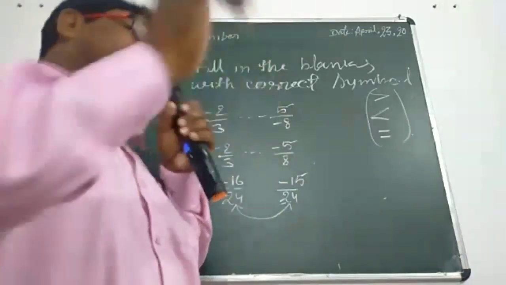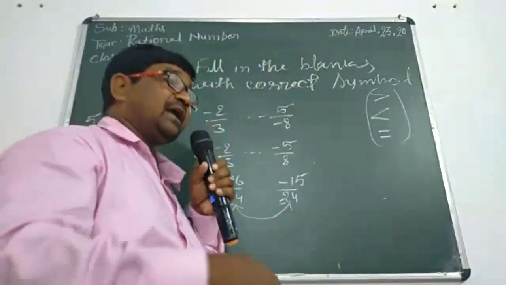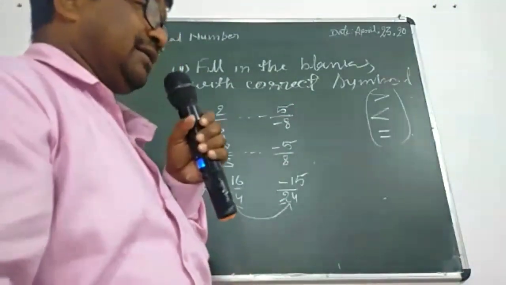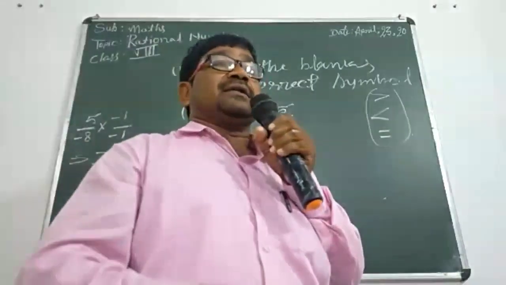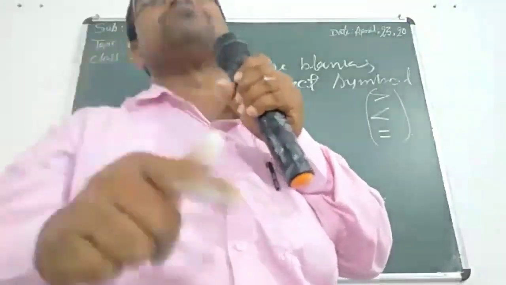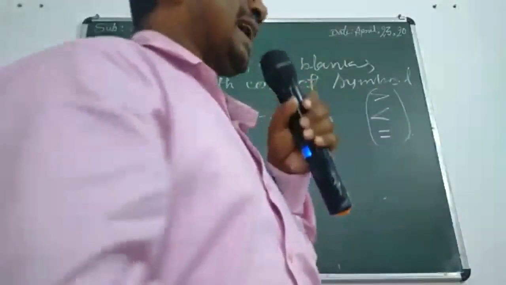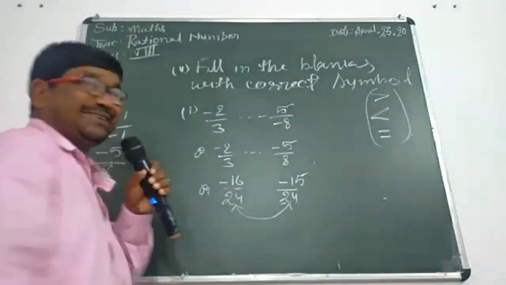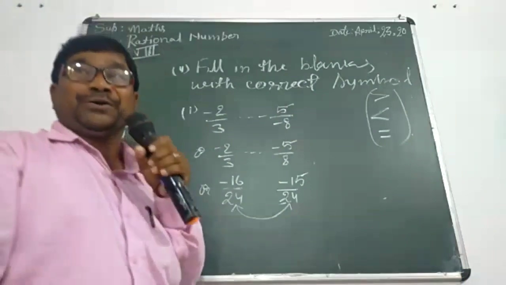If the integer is on the left side on the number line, that will be smaller, and the right side will be larger. Very good. Good response.